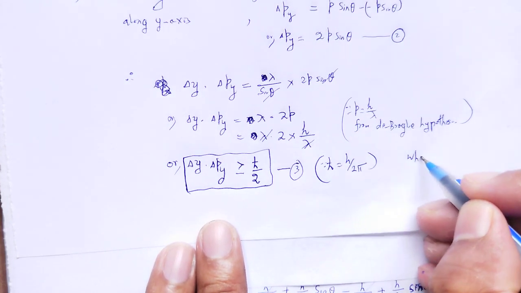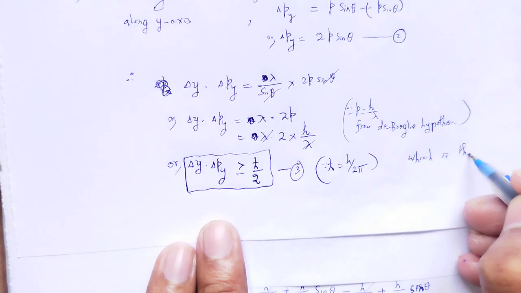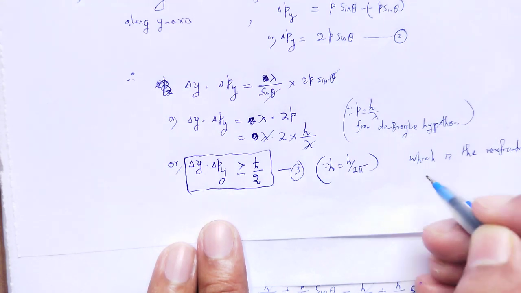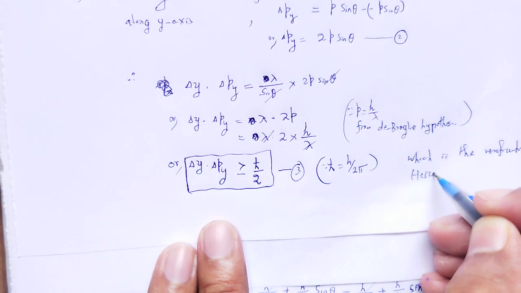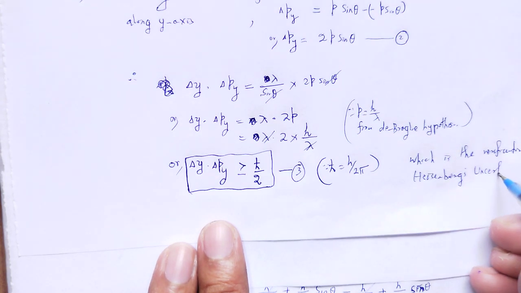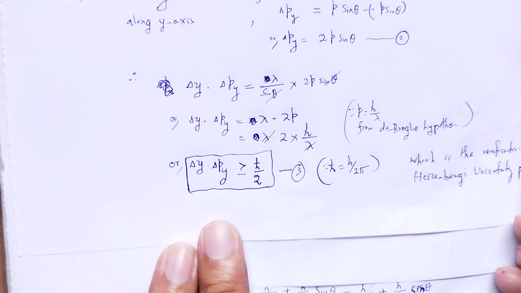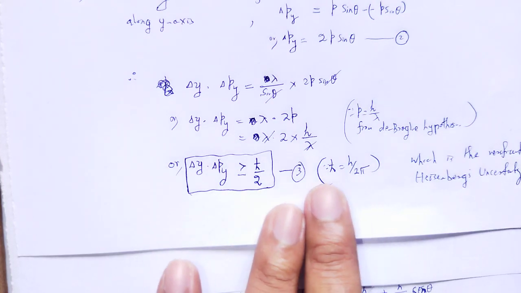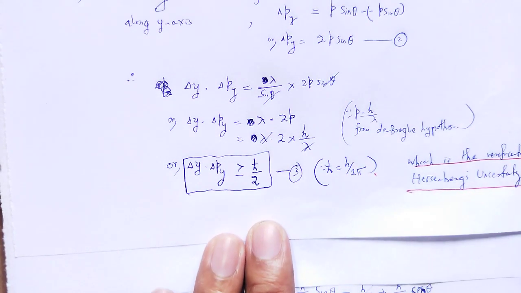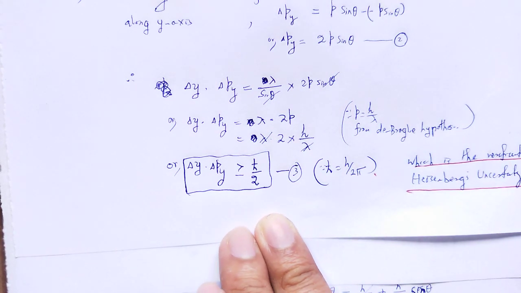Which is the verification of Heisenberg's uncertainty principle: verification of the uncertainty principle by the diffraction of a beam of electrons by a slit.